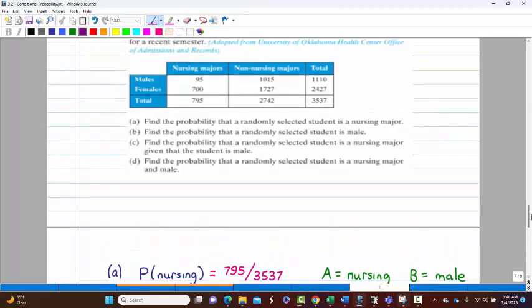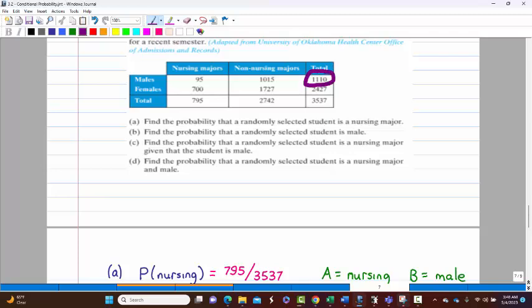Now, C says the probability that a student is a nursing major given that the student is a male. What that given does is reduce our sample space. We don't deal with 3537 anymore. If we know it's male, we know it's coming out of these 1110.